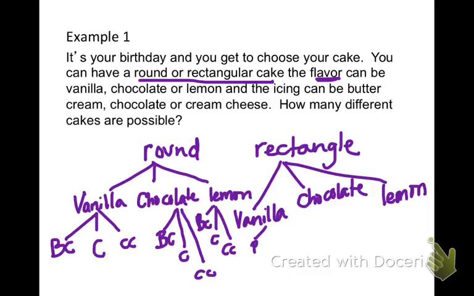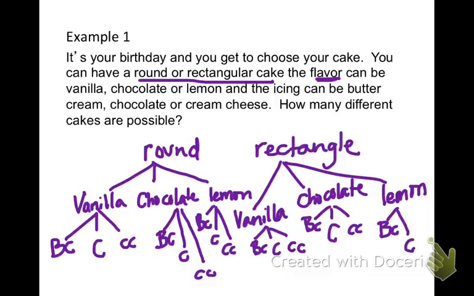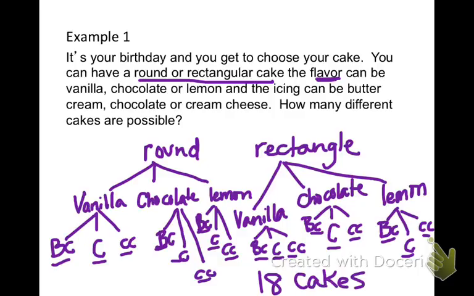Same for here. Buttercream, chocolate, cream cheese, buttercream, chocolate, cream cheese, and then finally, all right, so counting the last row of our tree, we have 1, 2, 3, 4, 5, 6, 7, 8, 9, 10, 11, 12, 13, 14, 15, 16, 17, 18. 18 different cakes that are possible for our birthday.